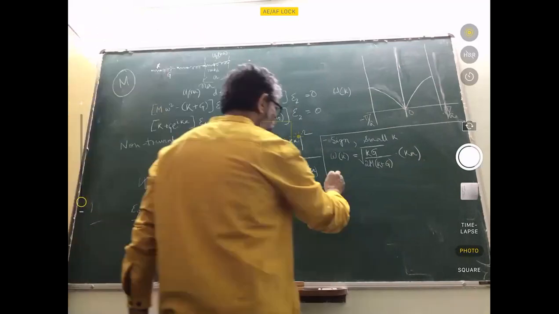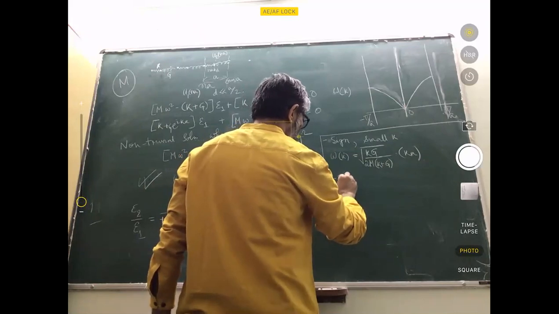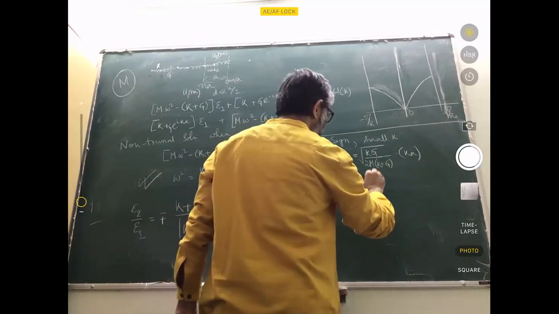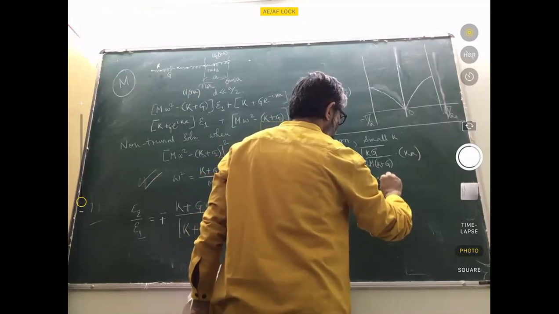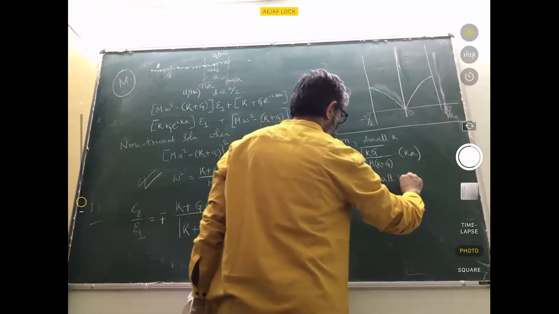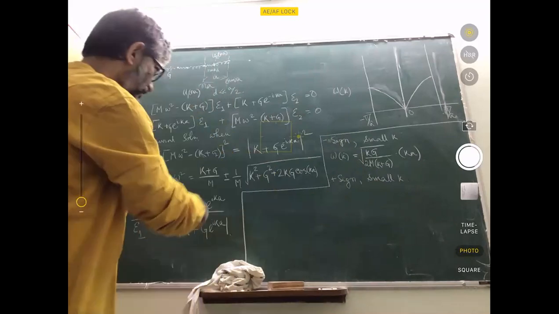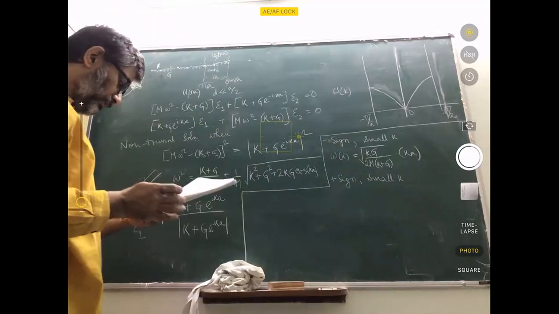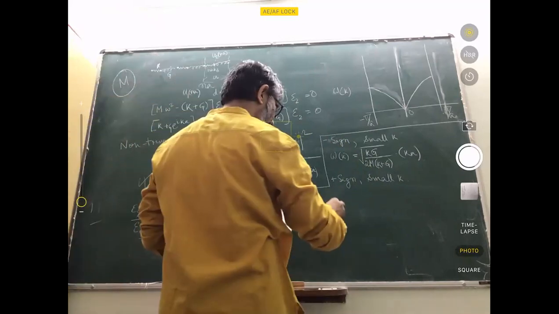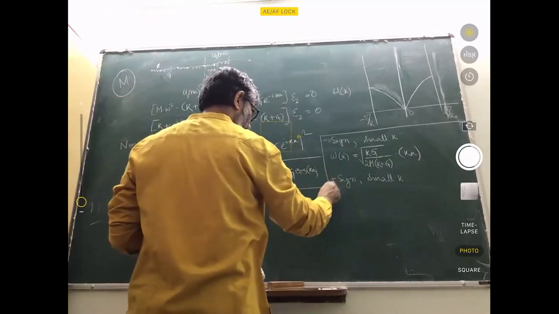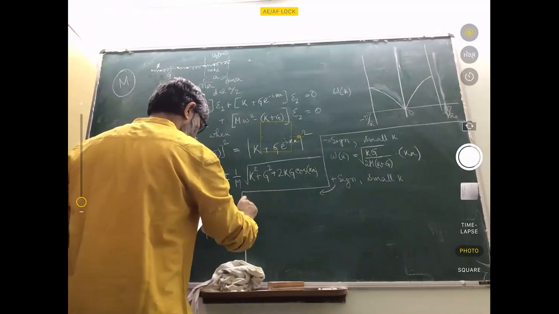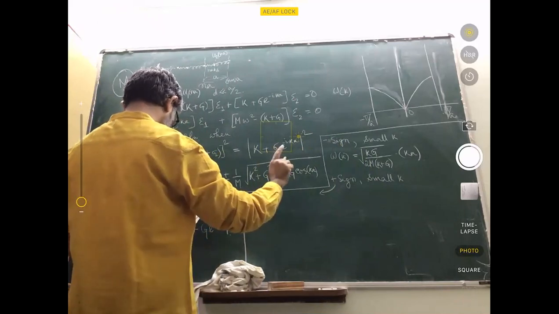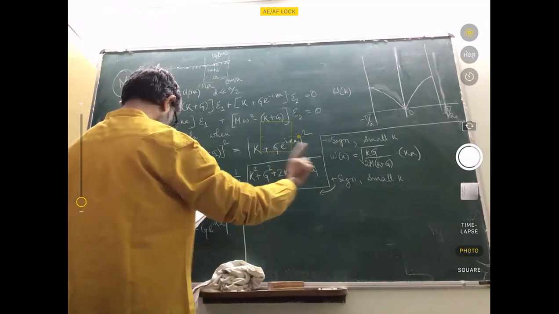If you take the plus sign and small k, you can do the same exercise, expand this, take the leading order term, and you will get... yeah, that is right.